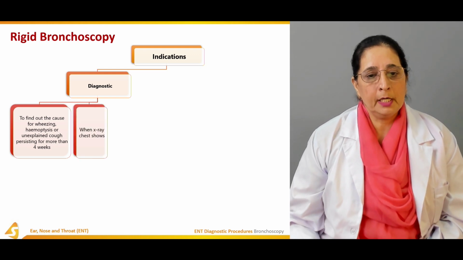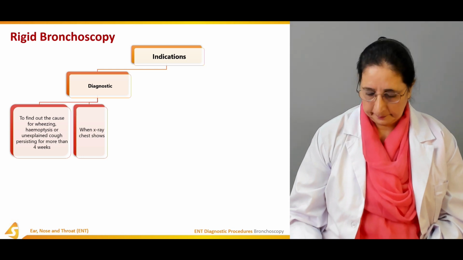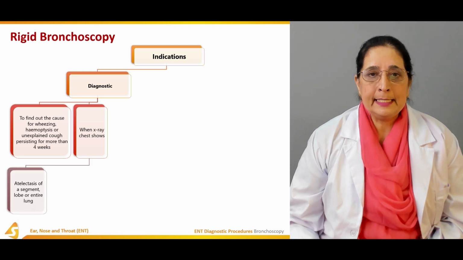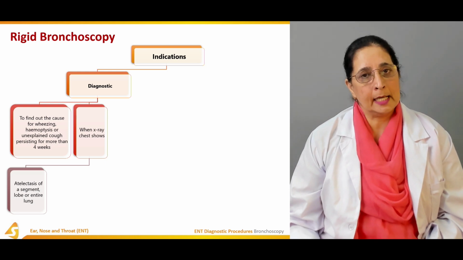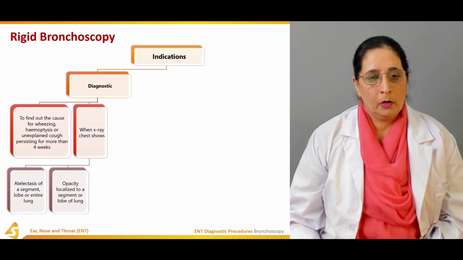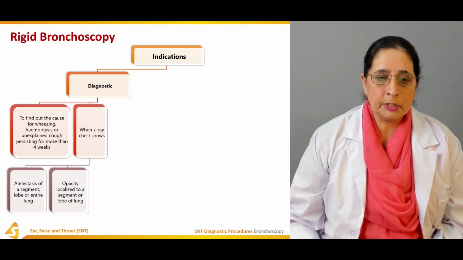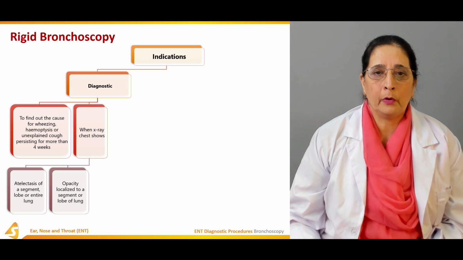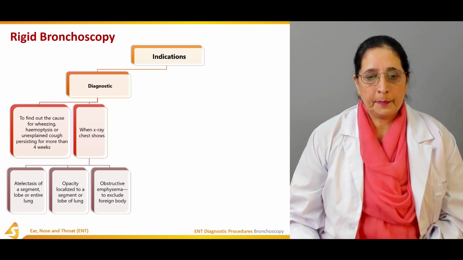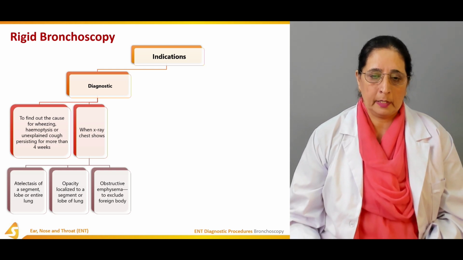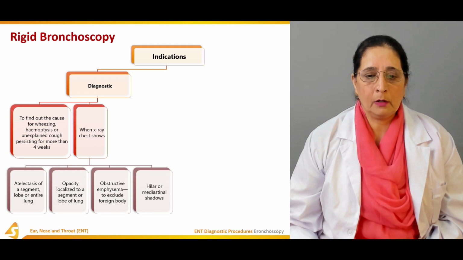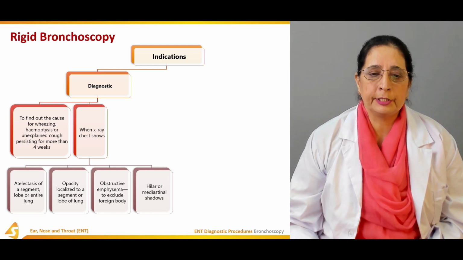Another indication is when the X-ray chest shows atelectasis of a segment, lobe, or entire lung, opacity localized to a segment or lobe of a lung, obstructive emphysema, to exclude a foreign body, and hilar or mediastinal shadows.